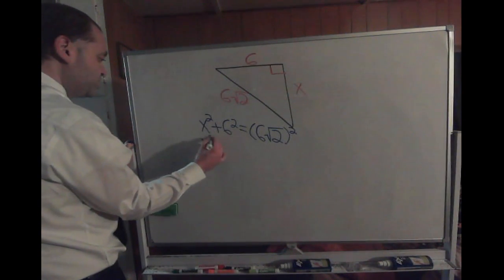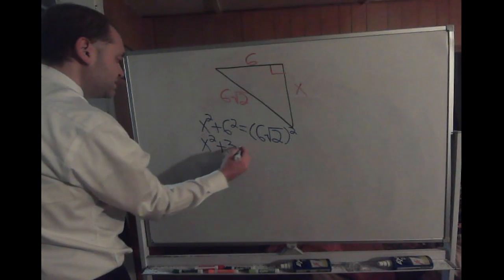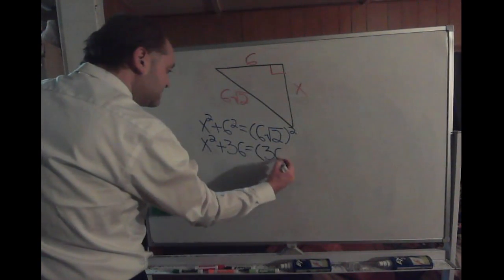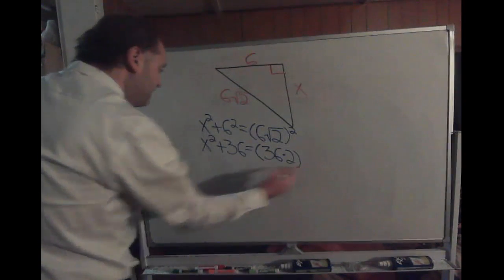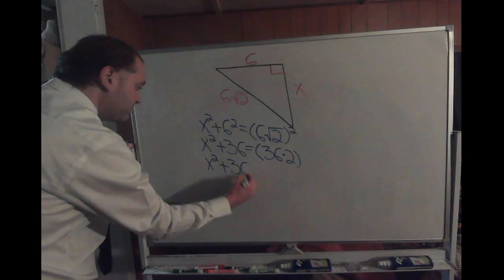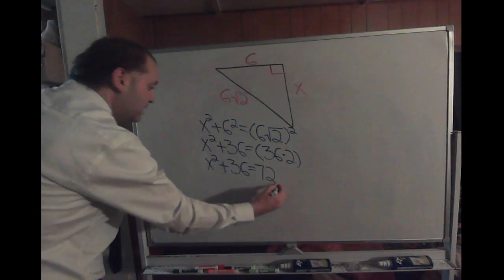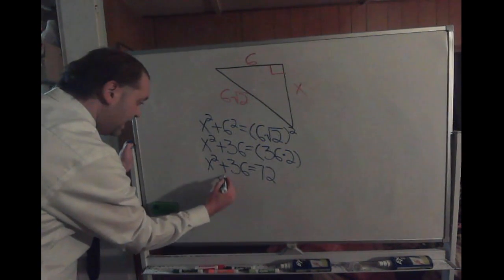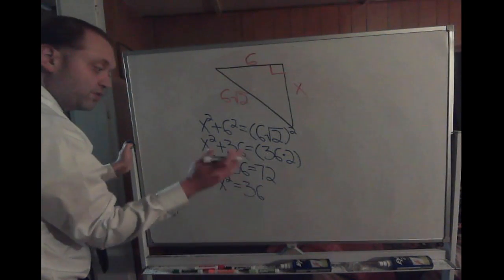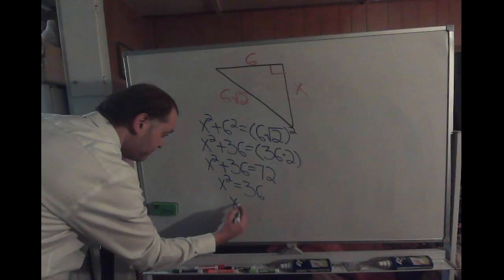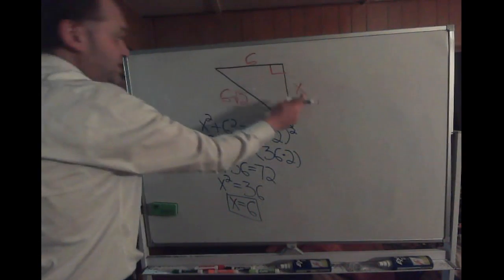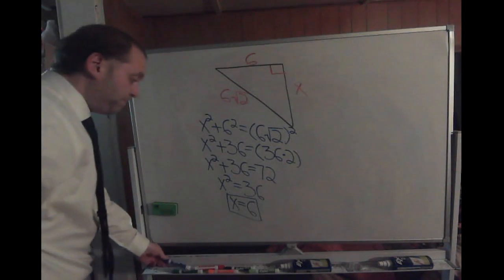This would turn into x squared plus 36 equals 36 times 2, which would have to mean that x squared plus 36 equals 72, which would simplify into x squared equals 36. And we know the positive square root of 36 is 6. So x equals 6. So both of these legs are length 6.